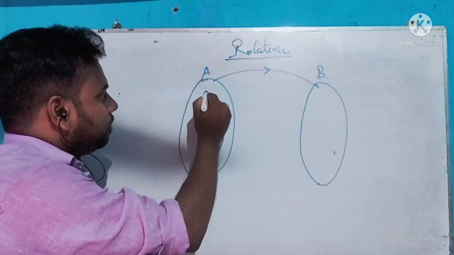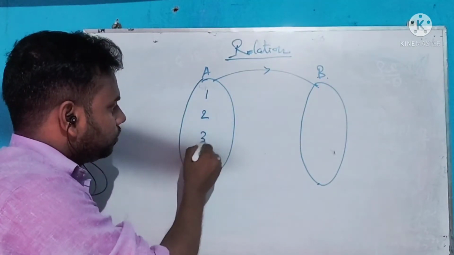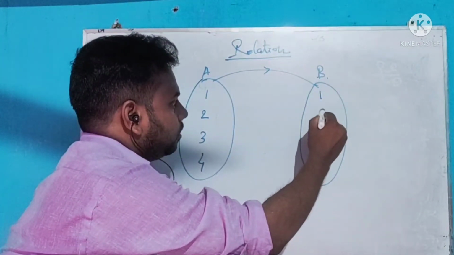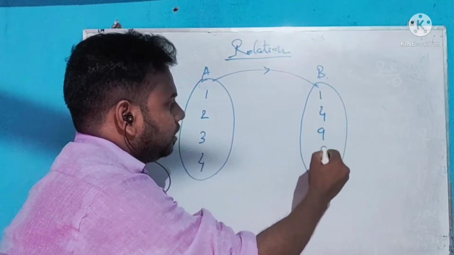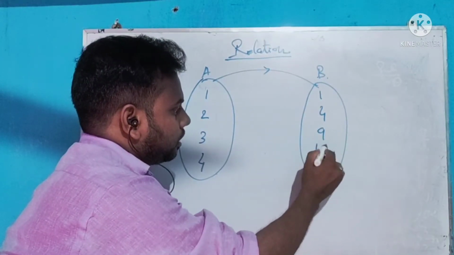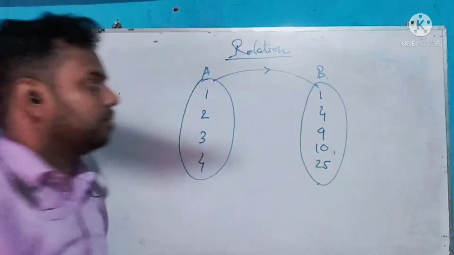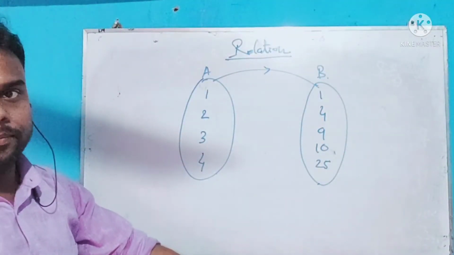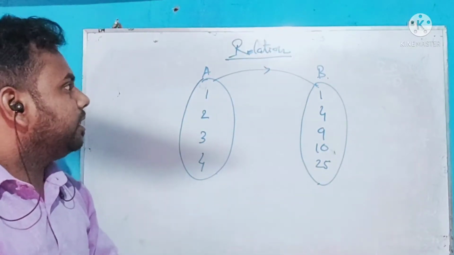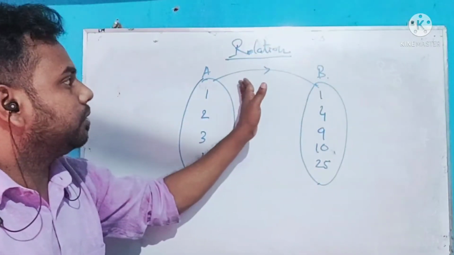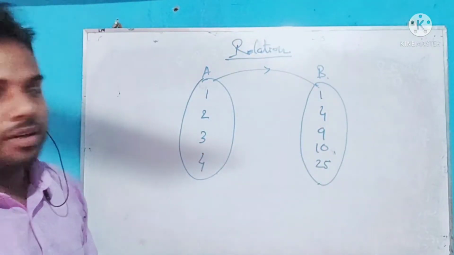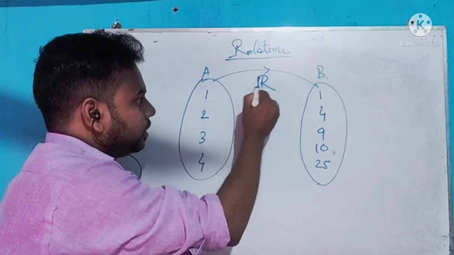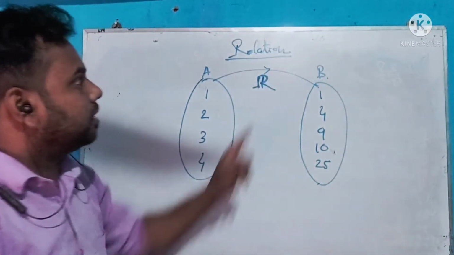Suppose the elements of A are 1, 2, 3 and 4, and the elements of set B are 1, 4, 9, 10, 25. Now we have to define a relation between these two sets, from set A to set B. A relation can be represented by capital R, the first letter of the word relation.